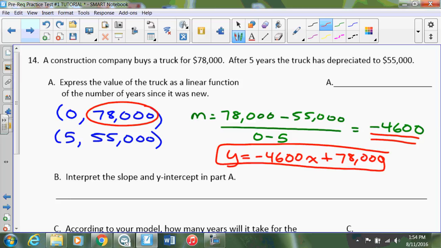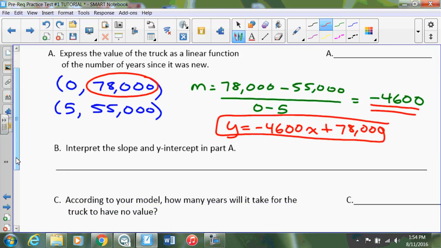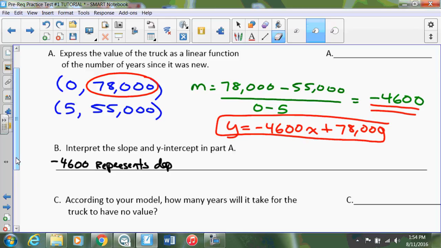Okay. Then it says interpret the slope and y-intercept in part A. I already talked through that, but you're going to need to write in some way to show that you know that the negative 4,600 represents depreciation. How about amount of depreciation each year, or yearly depreciation?